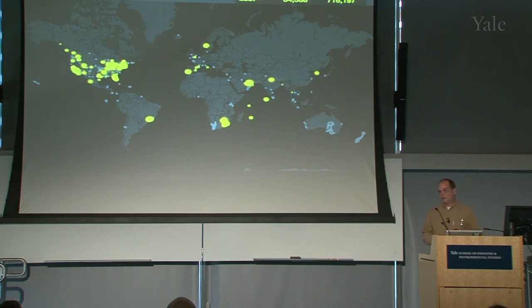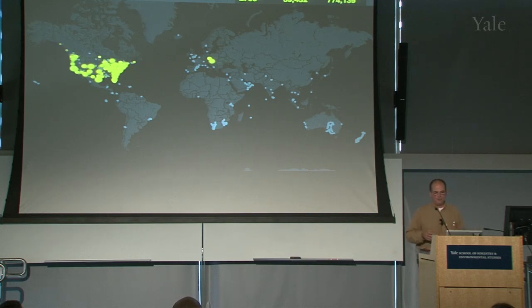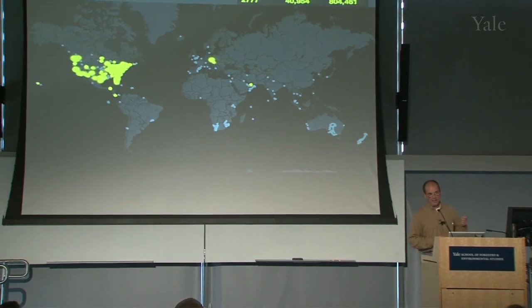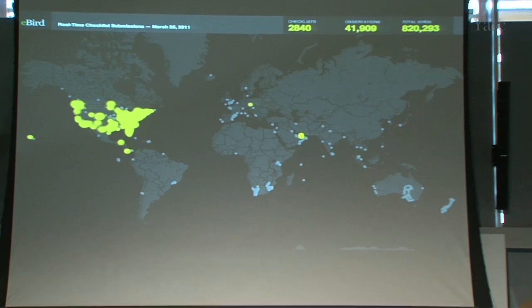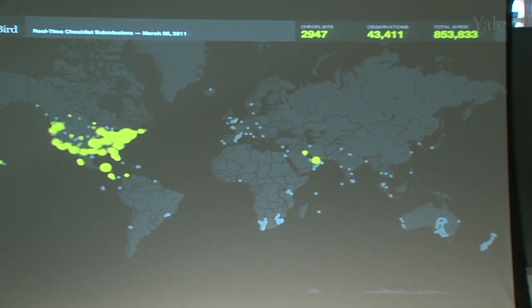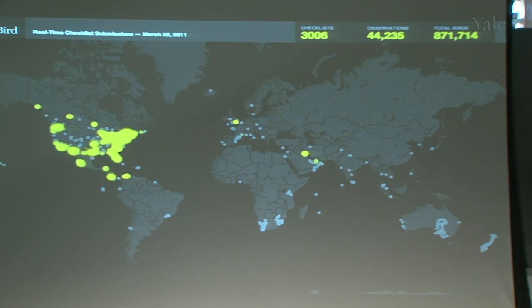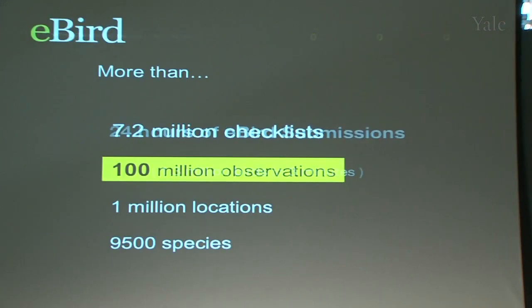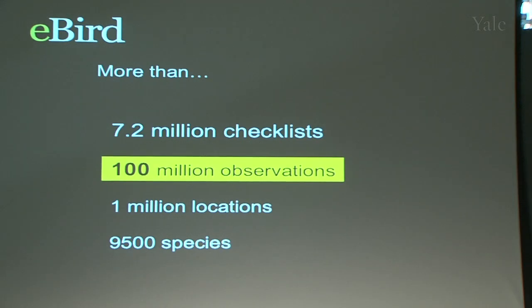So for example, we collect the who, what, where, how many, how long, and what distance they may have traveled, as well as a question about whether they're reporting all the birds that they've observed. So based on that as our data model and all of our protocols set up like that, over the past 9 years we've been able to gather around 7 million checklists and 100 million observations.